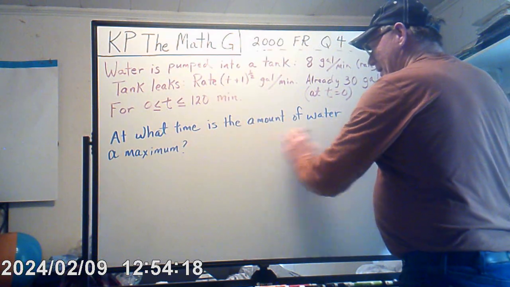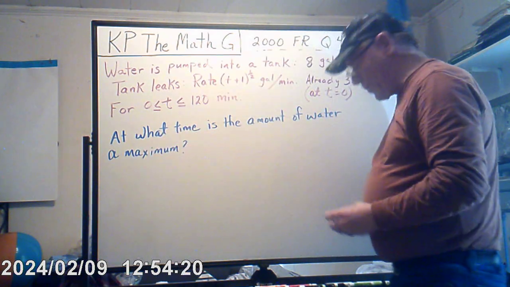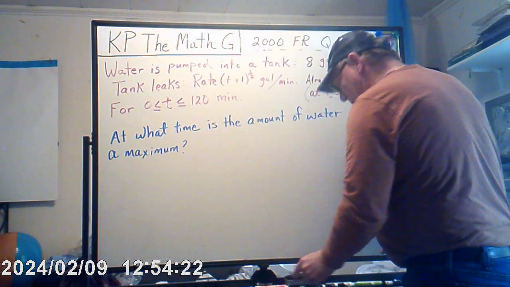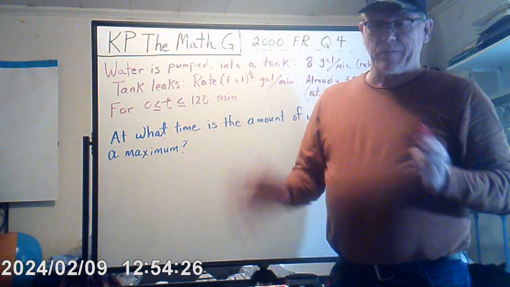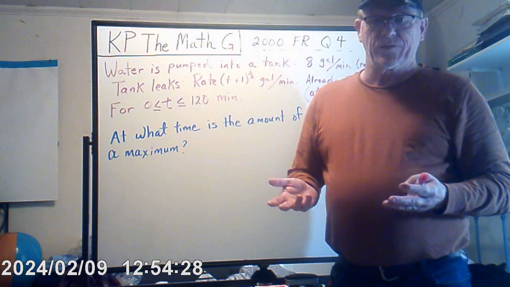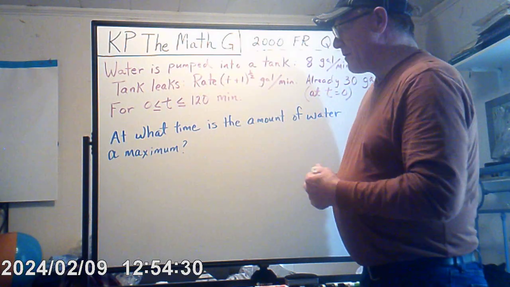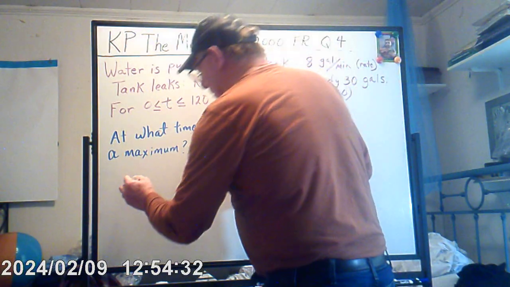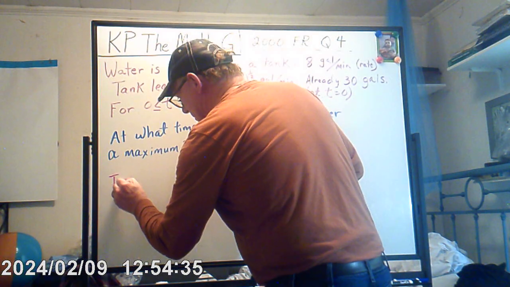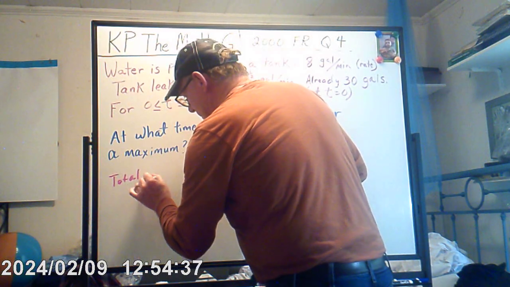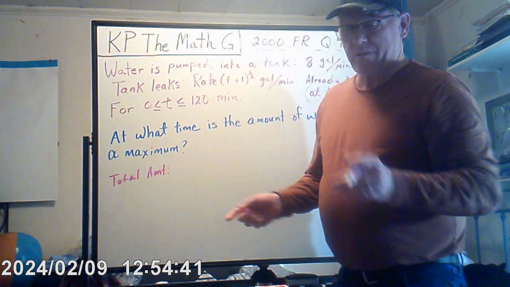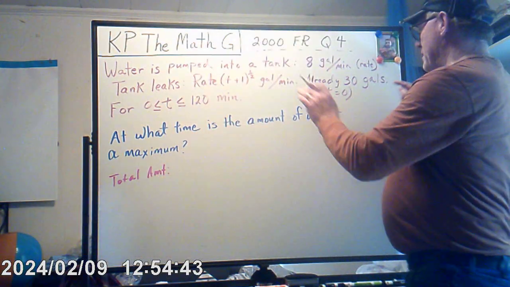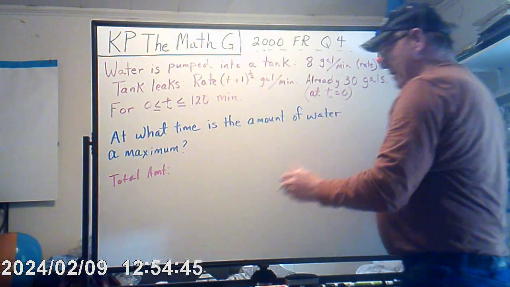Is the amount of water maximum? Now, when you are finding a maximum or minimum, you take the derivative. Well, let's look at the total amount. Now, this is from a previous video, but if you look over here, you're already at 30 gallons.